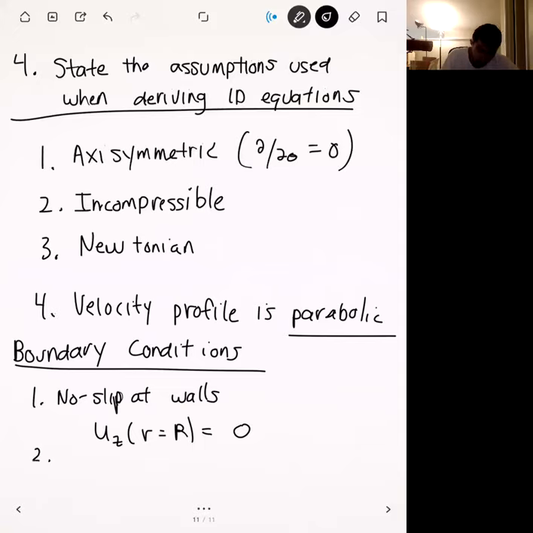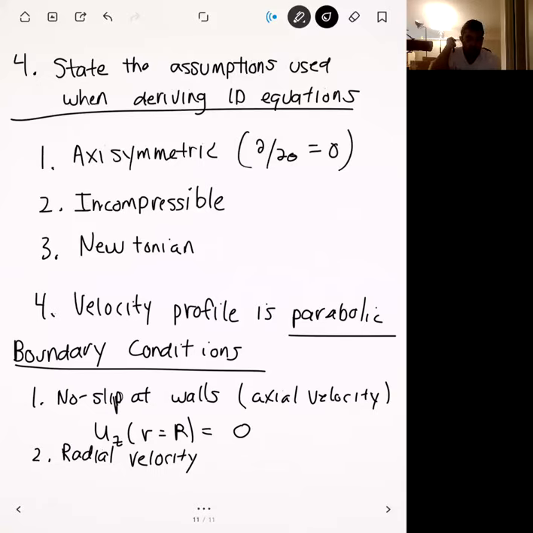Our other boundary condition was for the radial velocity. Let me label this as axial velocity here. The first boundary condition is for axial velocity, and the second boundary condition is for radial velocity. Radial means basically away from the center.